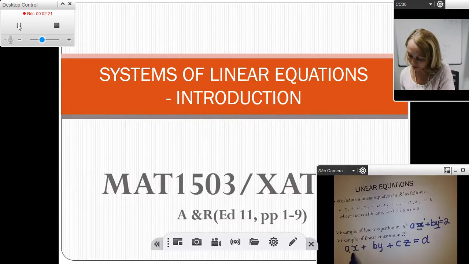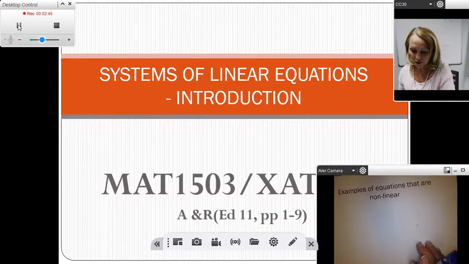Now we have three variables, therefore we are working in R3, three-dimensional space, and once again the coefficients a, b, and c have to be non-zero. Please notice again that the exponents, the powers of the variables x, y, and z, are 1.